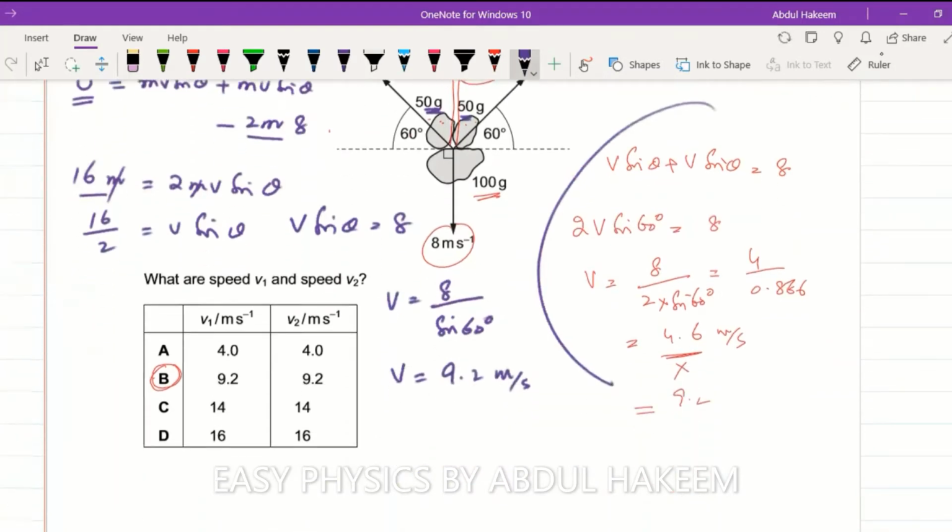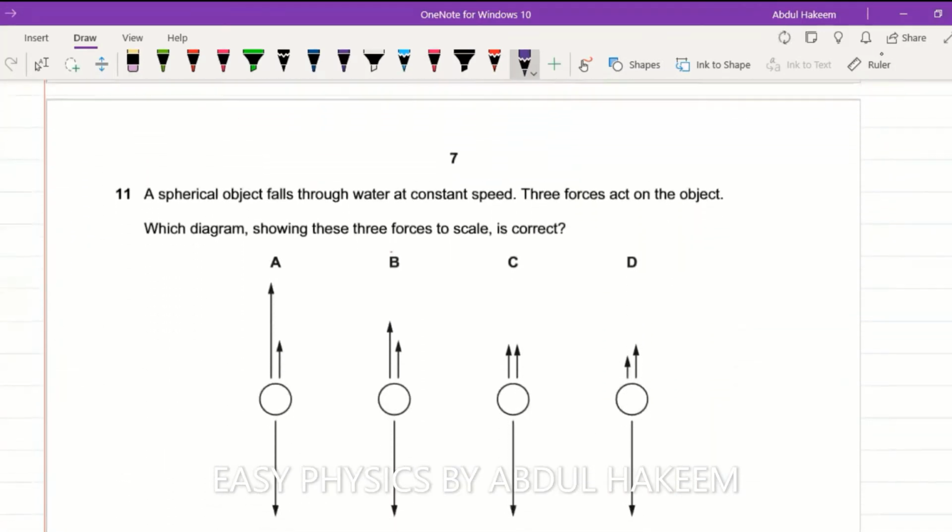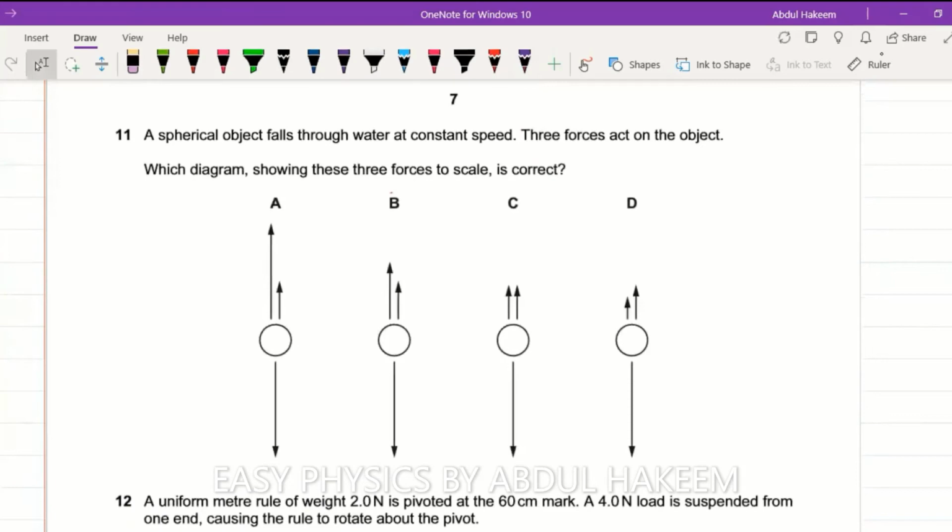It's up to you. And the next is: a spherical object falls through water at constant speed. 3 forces act on the object. Which diagram showing these forces to scale is correct? At constant speed, the resultant is 0. Sum of upward forces is equal to sum of downward forces. So look, when these two arrows are added, their sum is not equal to this one.